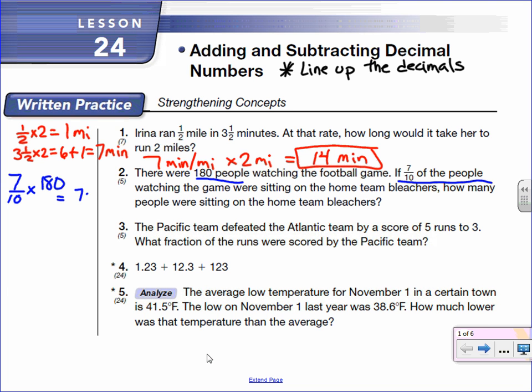So we'll do 180 divided by 10 times 7. And that's going to be 180 divided by 10 is 18 times 7. 18 times 7 is 10 times 7 plus 8 times 7. Because of the distributive property, I could write 18 as 10 plus 8.